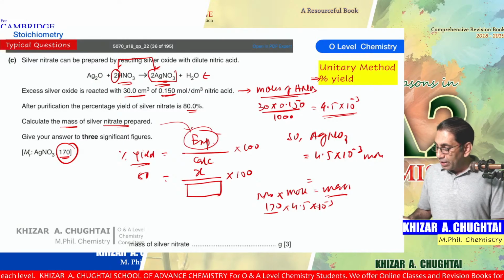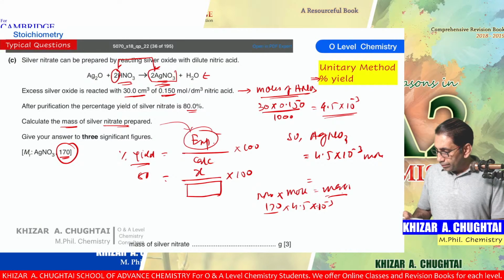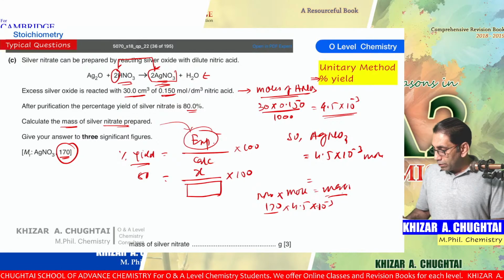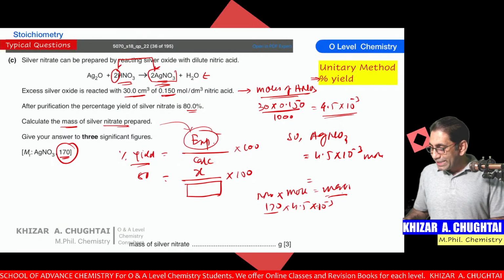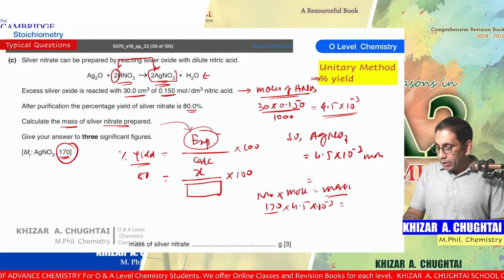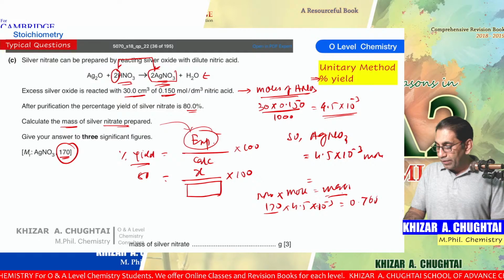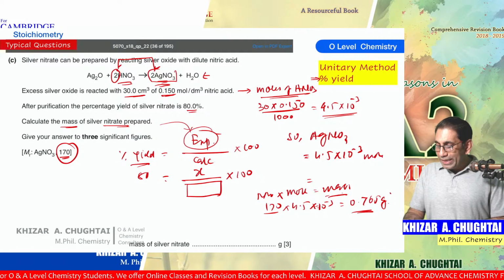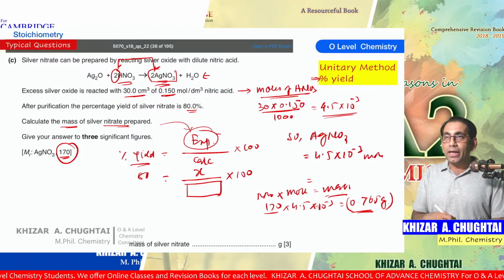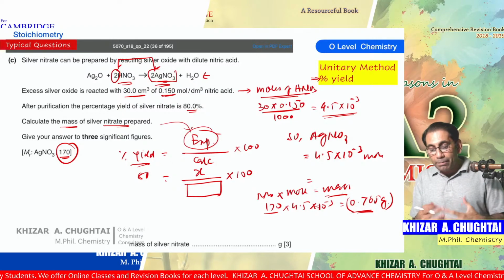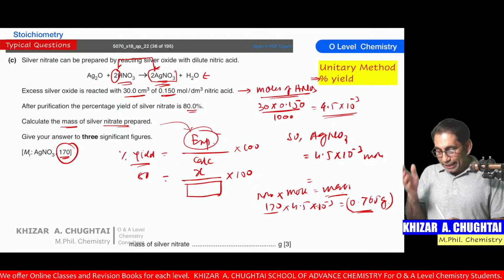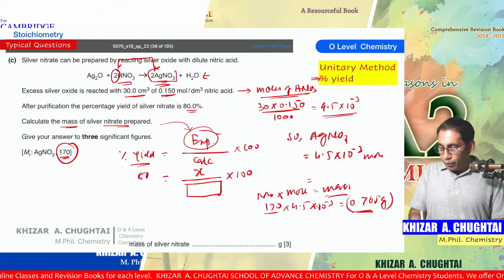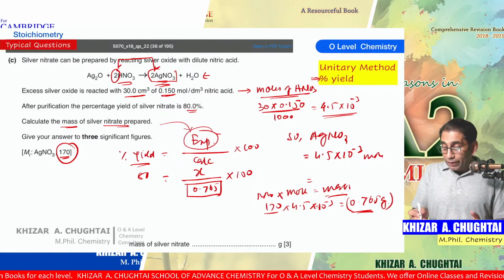So 170 into the mole is equal to 0.765 grams. So this is the maximum quantity according to our calculation that can be made by this experiment. So I'm going to write it over here, 0.765 gram, and I'm going to find the value of X.